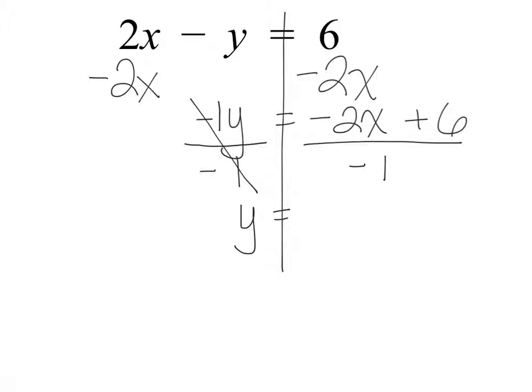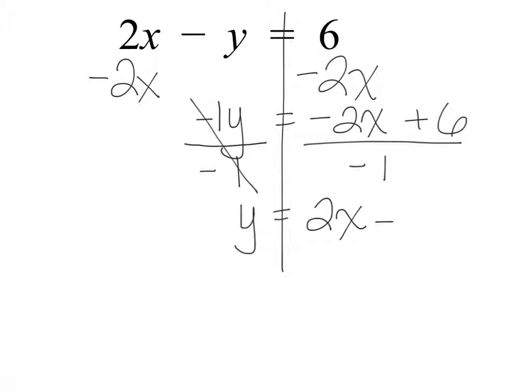Now you have to be careful. -2 divided by -1. A negative divided by a negative is a positive 2x. And then you have 6 divided by -1.